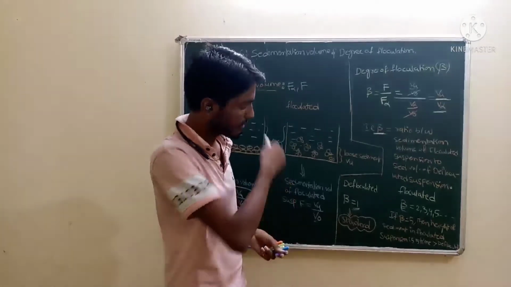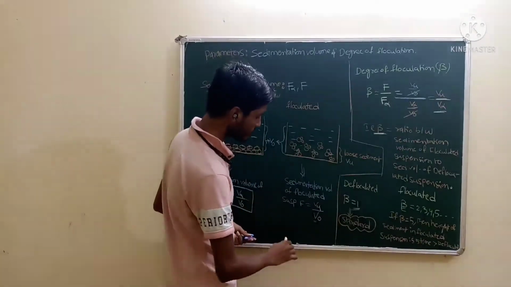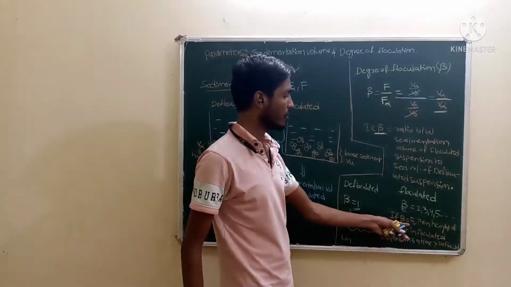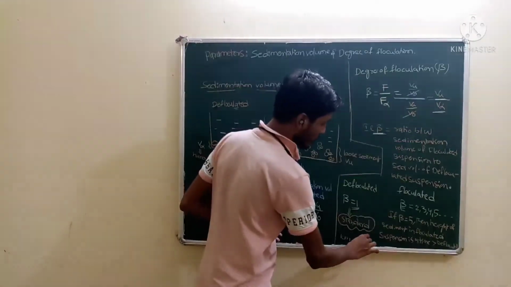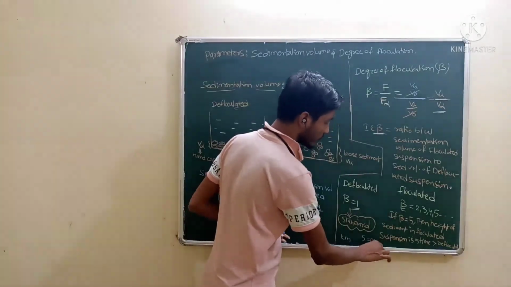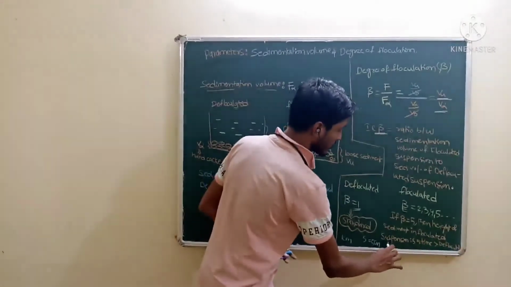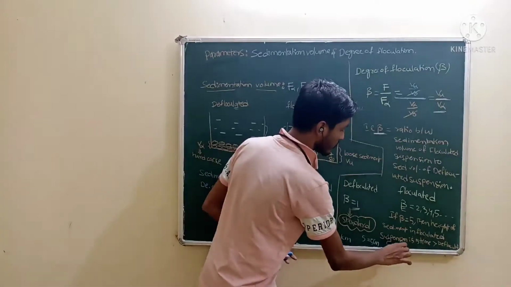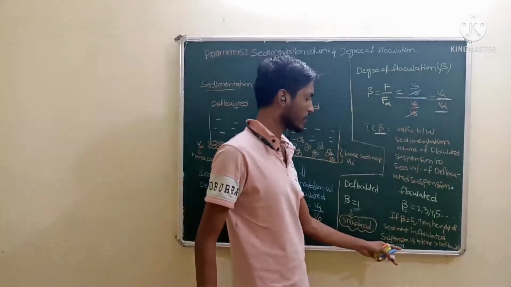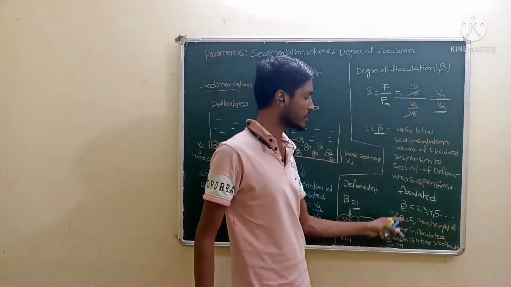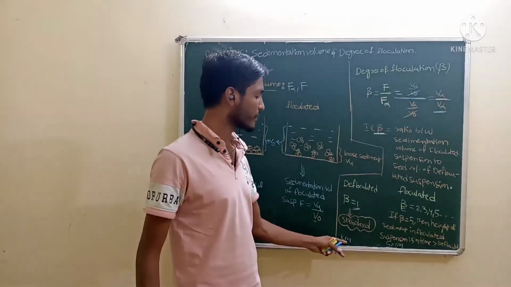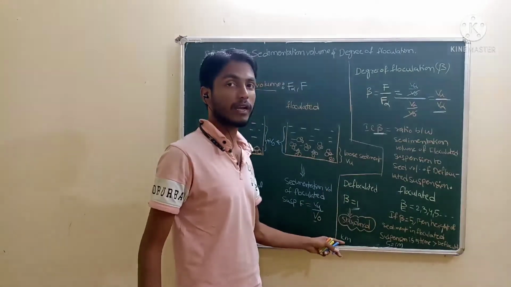Simply, if deflocculated is 1 centimeter, you can assume a beta value of 5 means 5 centimeters. That is, 5 centimeters of flocculated loose sediment is present in the flocculated suspension compared to the deflocculated suspension.